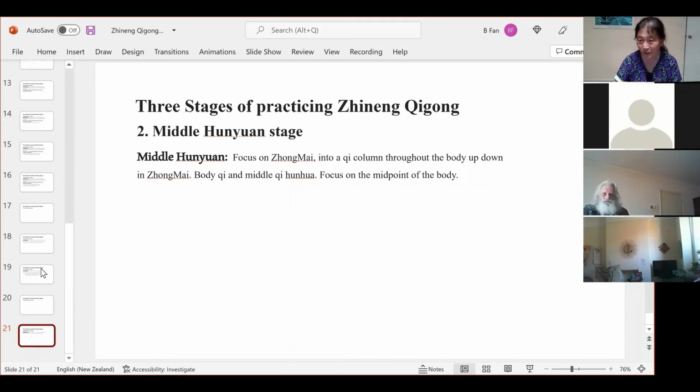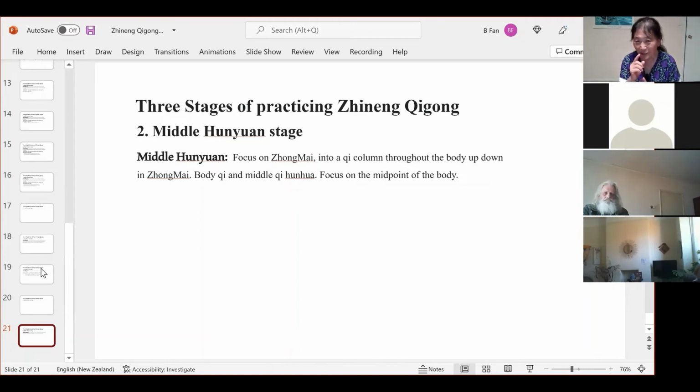The Zhongmei is a column, a Qi column in the middle of the body, up and down. Zhongmei is in the middle. So Zhongmei Qi is like that. And the body Qi and Zhongmei Qi Huihua together. At the end, you focus on the midpoint of the body.